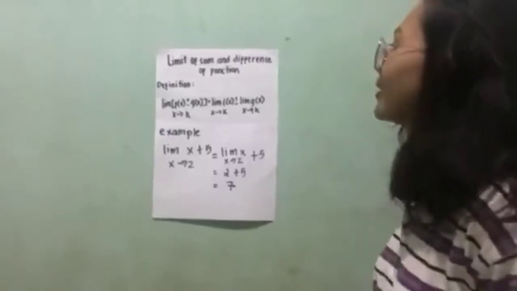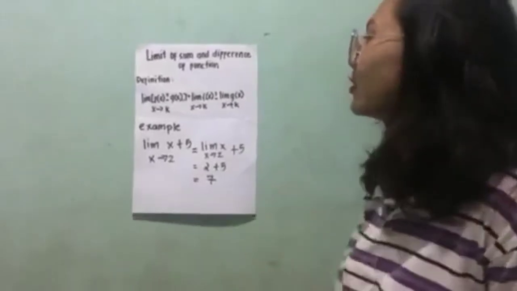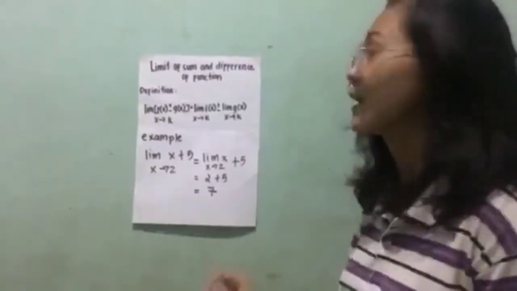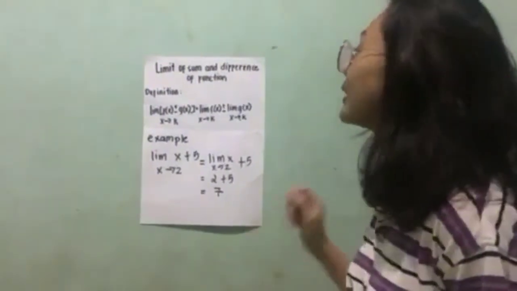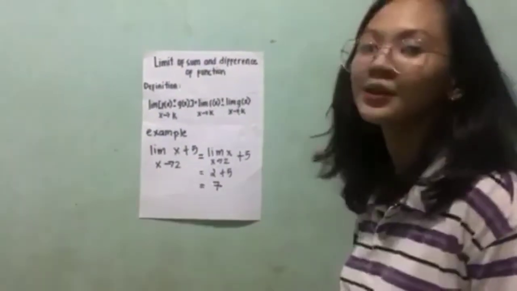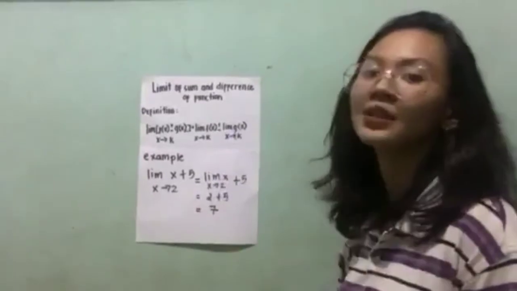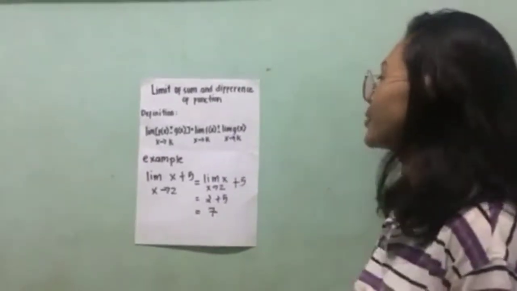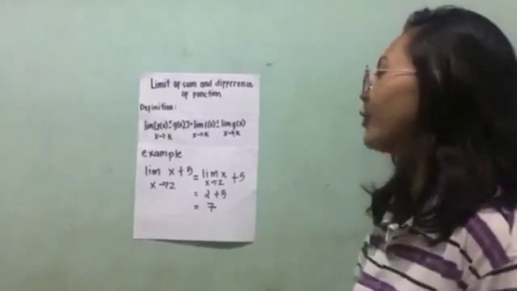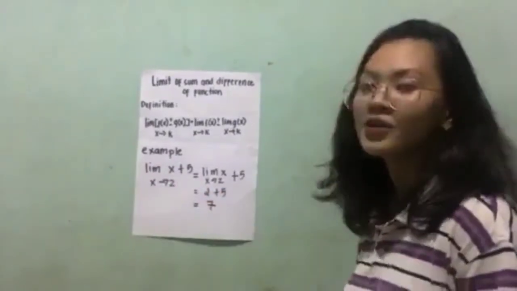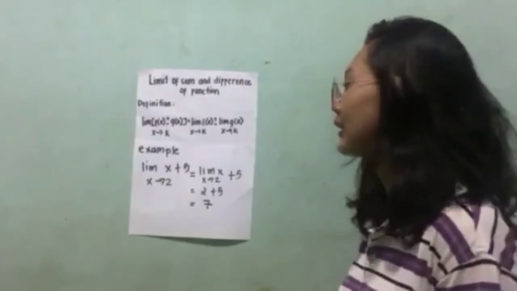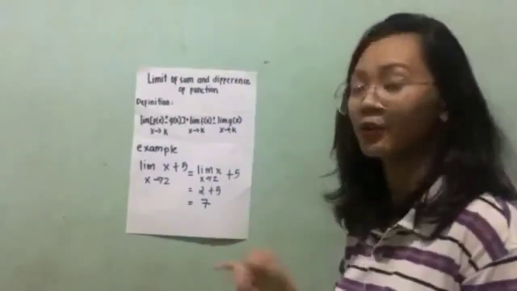Limit of sum and difference of function. Definition, limit of f of x plus minus g of x where x approaches to k is equals to limit of f of x where x approaches to k plus minus limit of g of x where x approaches to k. So, example, limit of x plus 5 where x approaches to 2. Lahat ng x natin, papalitan natin ng limit of x where x approaches to 2.